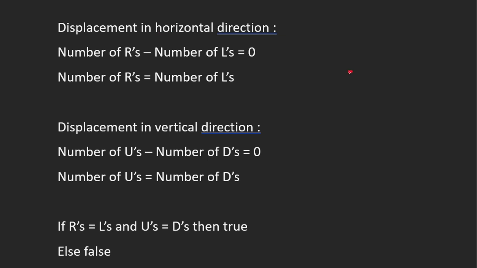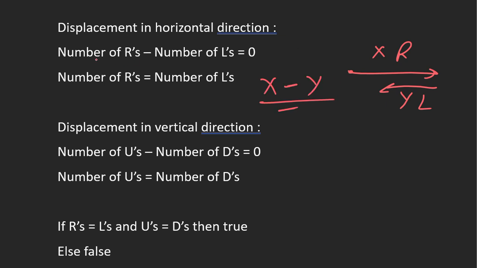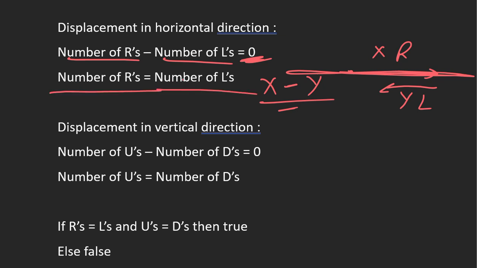Suppose the robot moves x steps in the R direction and y steps in the L direction. So what is the net displacement? x minus y, that is the number of R's minus the number of L's, and net displacement should be 0 in the horizontal direction, that means the number of R's should be equal to the number of L's. This is condition number 1.